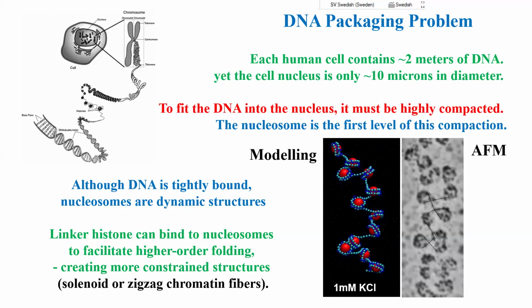One comes from multi-scale modeling, and one is from AFM experiments. And you can see that we are already there with simulations. We get very similar results, both from experiments and modeling.